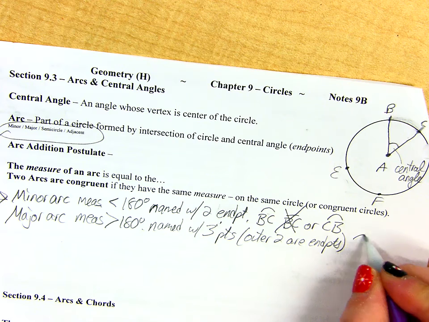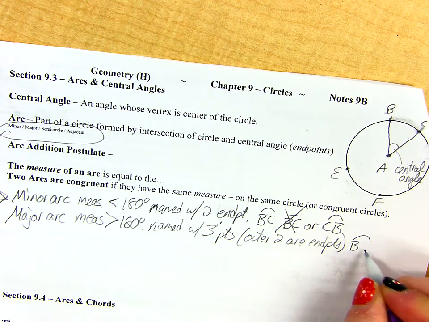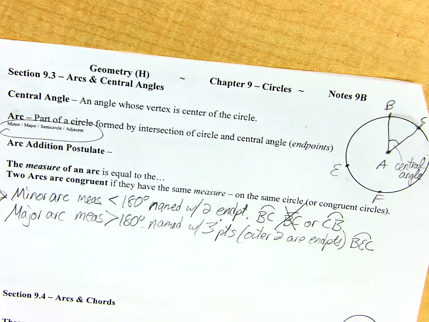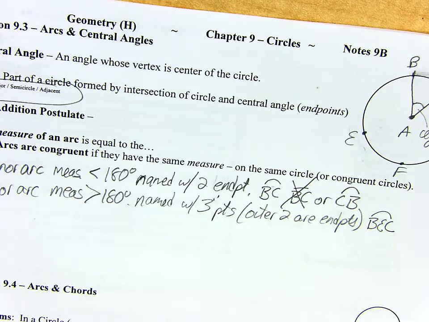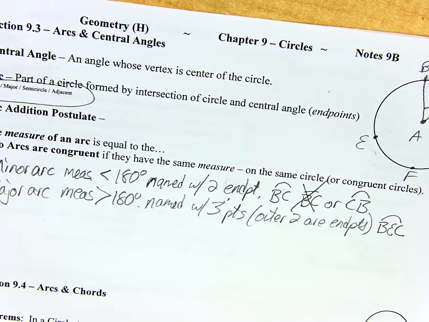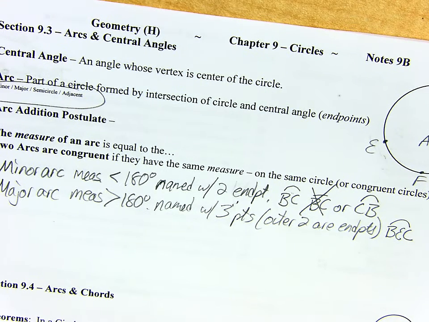So, for example, arc BEC. You guys see this okay? All right, so there's major arc, minor arc.